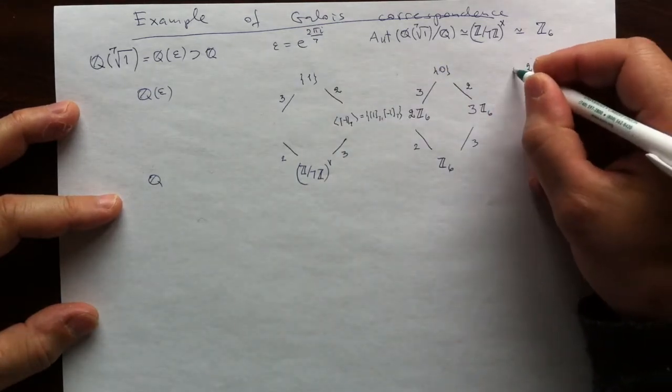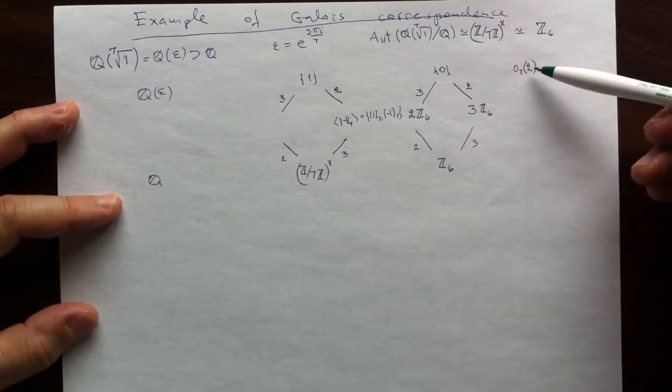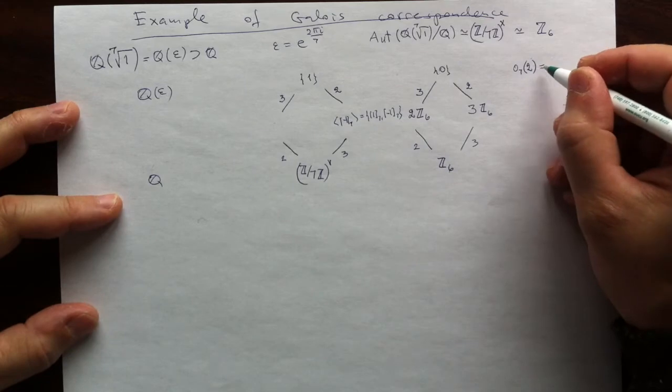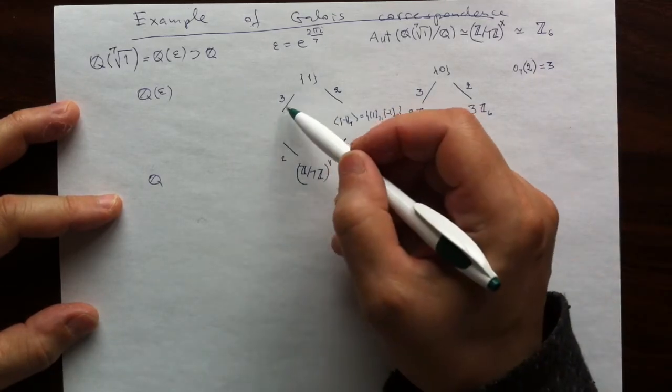So what is the order of 2? Multiplicative order of 2 modulo 7. It's the smallest power of 2 which is congruent to 1 mod 7. And it's not the square, because the square is just 4. It must be the cube. The cube is 8, and it is 1 plus 7. So the multiplicative order of 2 is just what we want, is 3.